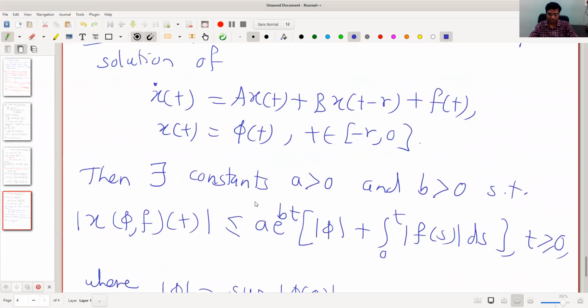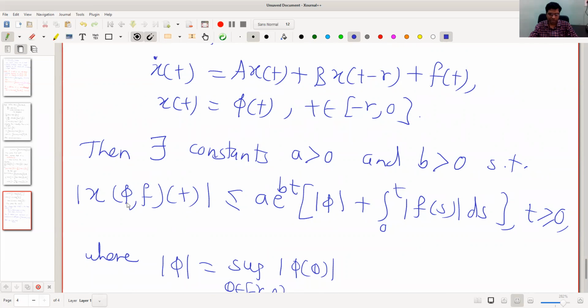Phi and f are given, so we are writing here. Actually, it itself shows that x depends on phi and f. So we can say that if x is a solution, then mod of x of t is less equal a e raised to bt into norm phi plus integral from 0 to t mod of f of s ds. a and b are positive constants.